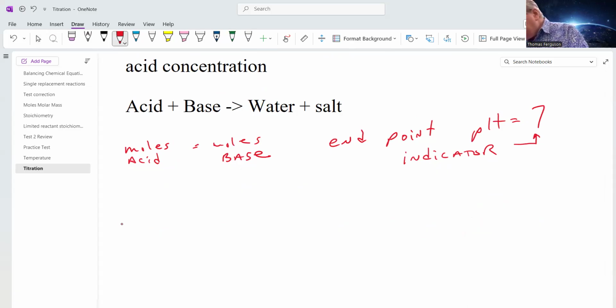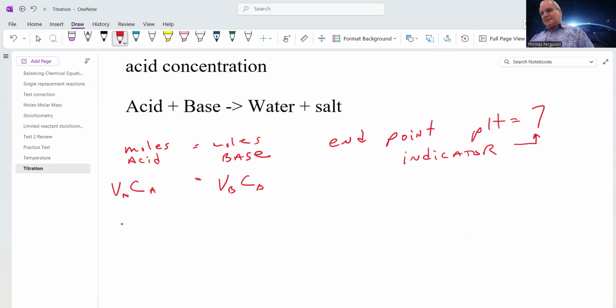That's volume times concentration of the acid, equals volume times concentration of the base. Now, in the case of our lab, the concentration of the base is not known for lab 15.